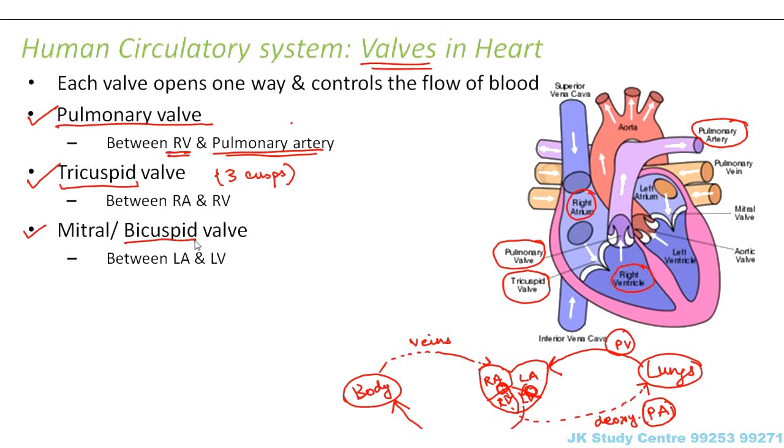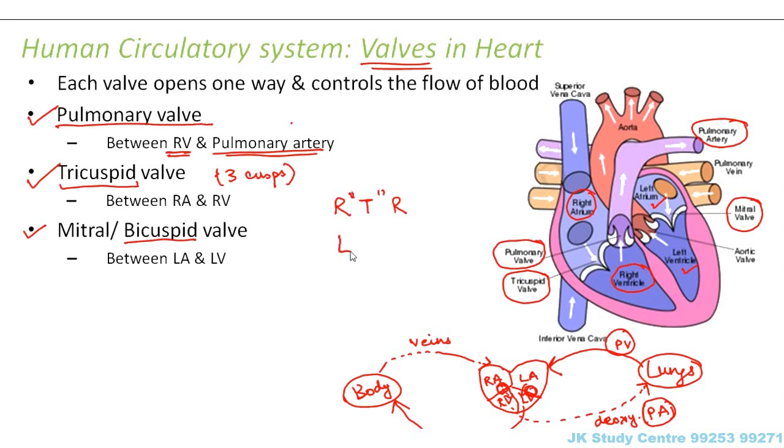Now this bicuspid valve is present between the left auricle and left ventricle. This is the left auricle, this is the left ventricle. So between them is present the mitral valve or the bicuspid valve. So the cuspid valves are present between the auricles and the ventricles. Between the right auricle and right ventricle is the tricuspid valve, that is RTR.